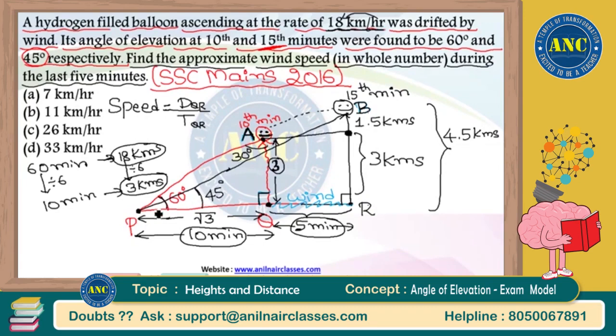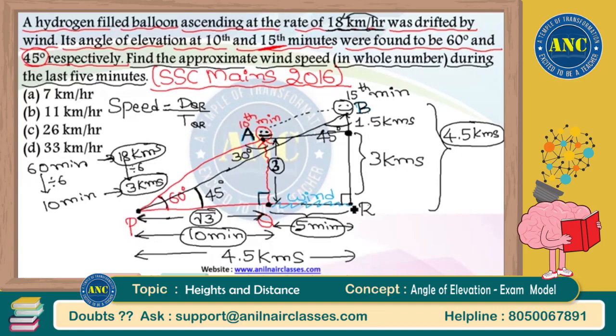If I take the bigger triangle PBR, this is 45, this is 90. So this also should be 45 degrees. If this is 45, opposite to 45, it is 4.5 kilometers. Opposite to this 45 also should be 4.5 kilometers. That means, in simple language, can I say that from P to Q, it is root 3 kilometers.